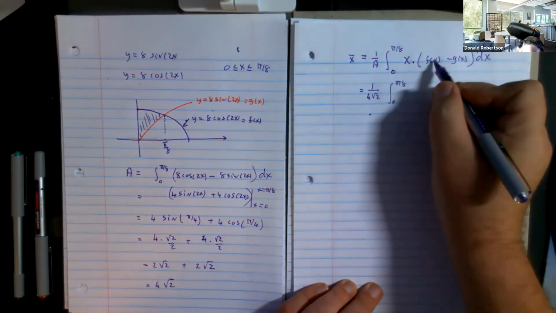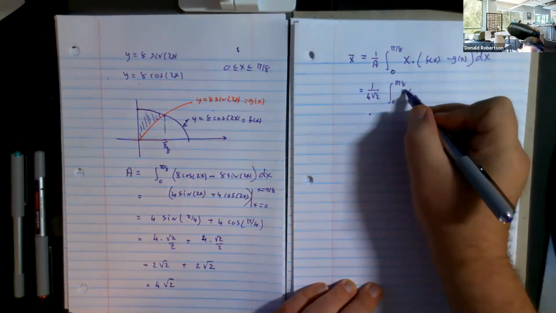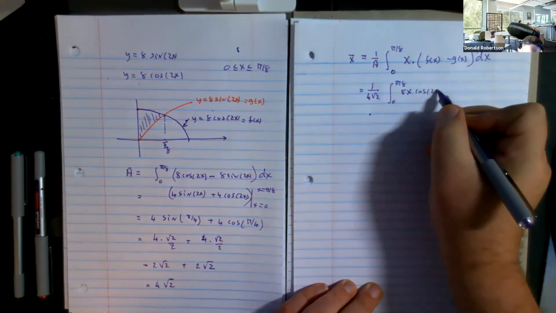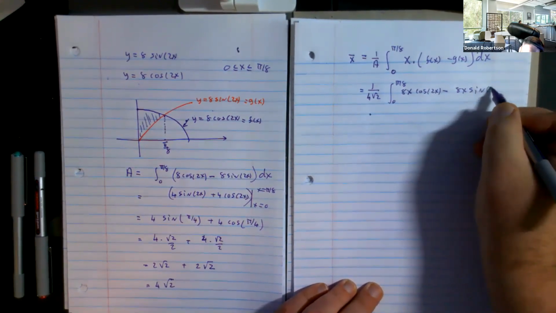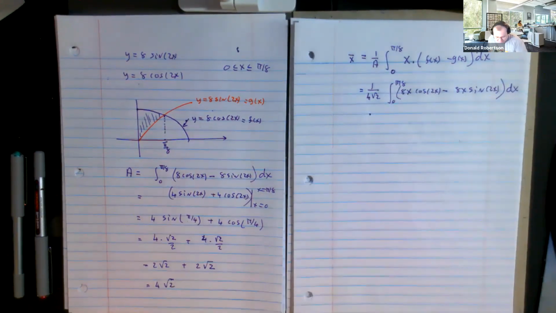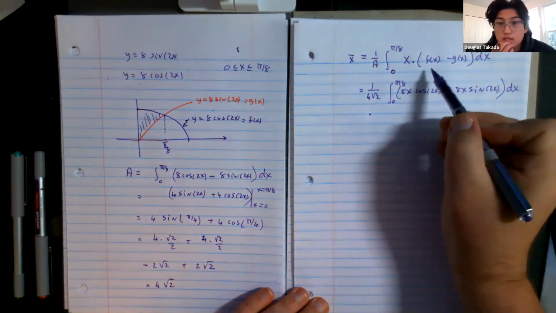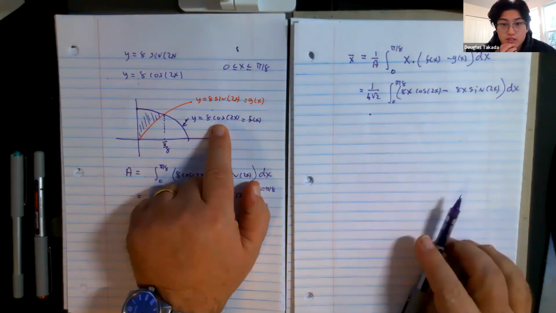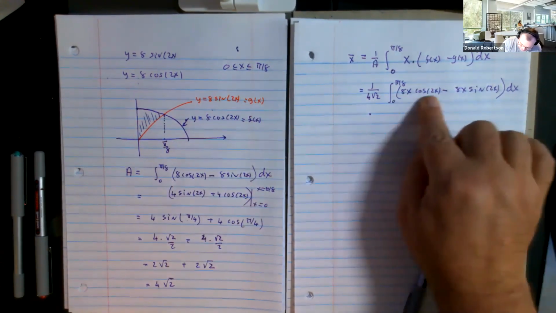Since this fella is a cosine and this fella is a sine, what you end up with is x times 8 cosine 2x minus 8x sine of 2x dx. Are you comfortable? I've done kind of 2 steps there, but where the 8x cosine and 8x sine come from? Yeah, I saw you distribute the x on this guy and this guy. Yeah. Right, so 8x, this guy, take away that one.